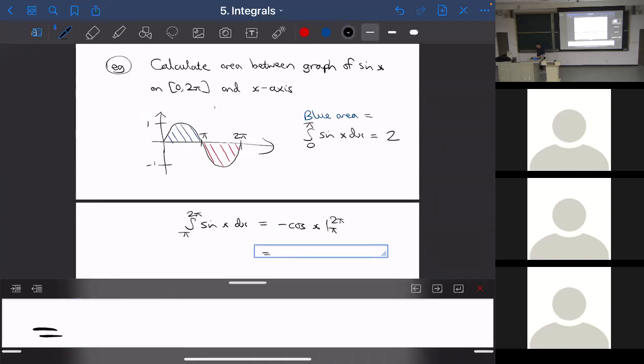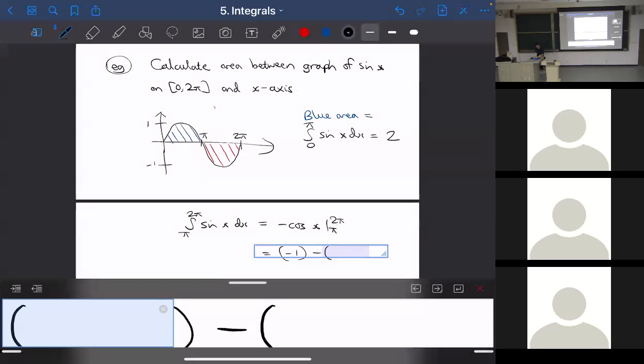And now, cos x at 2 pi is plus 1, so we have a minus 1, and then we minus cos x at pi.